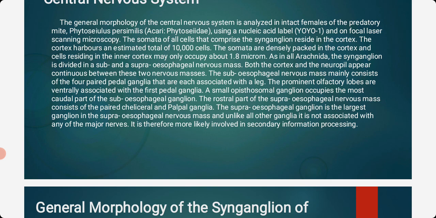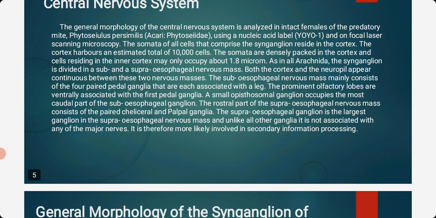The prominent olfactory lobes are ventrally associated with the first pedal ganglia. A small opisthosomal ganglion occupies the most caudal part of the sub-esophageal ganglion, and the rostral part of the supraesophageal nervous mass consists of the paired cheliceral and palpal ganglia.